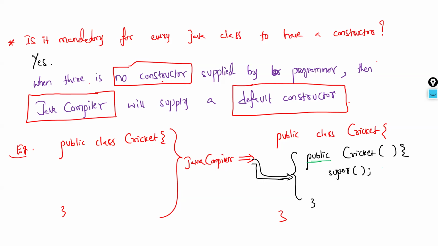A default constructor will not have arguments, so it should be a no-arguments constructor. Then what is this one? It is called a super function call. It's not a keyword, it's a function. Parentheses are there, so it's a function. This also will be added by the Java compiler.